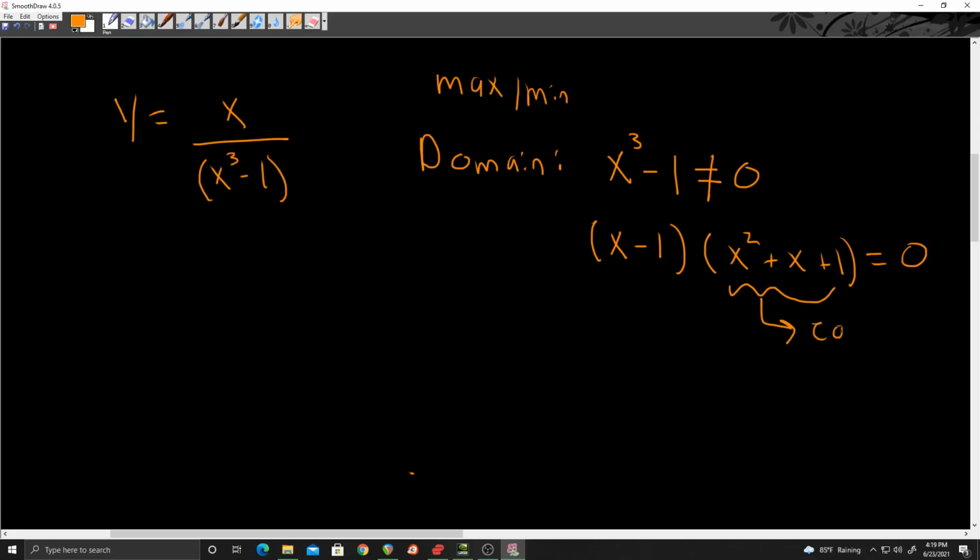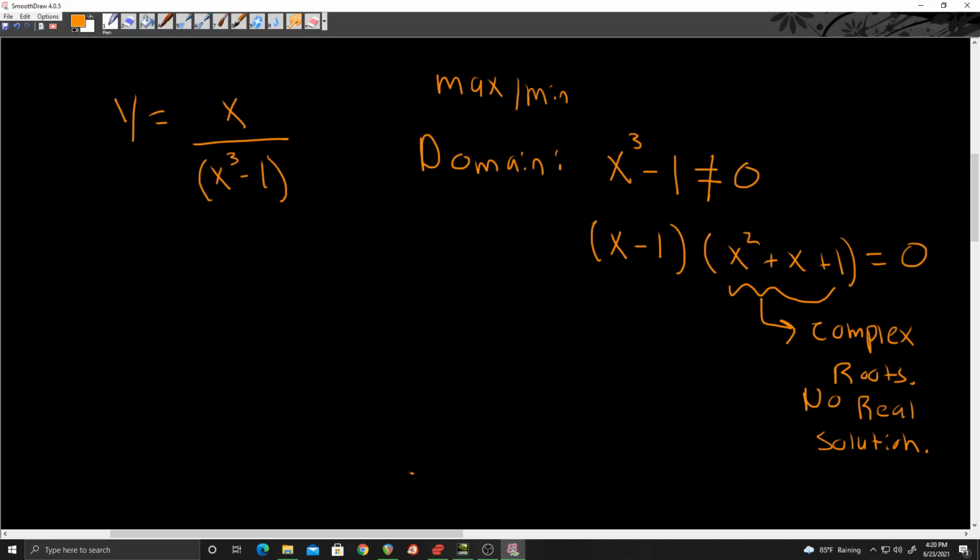This is going to produce complex roots every single time. As soon as you factor a difference of cubes, the quadratic that comes from that is always going to have complex roots. And so in calculus, we don't even have to worry about it because there's no real solution.